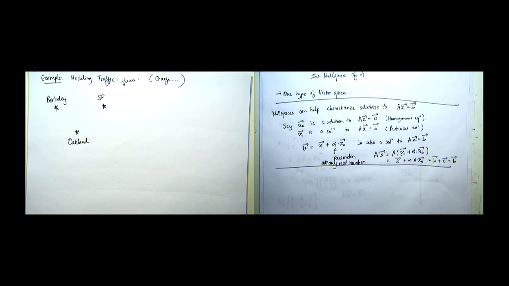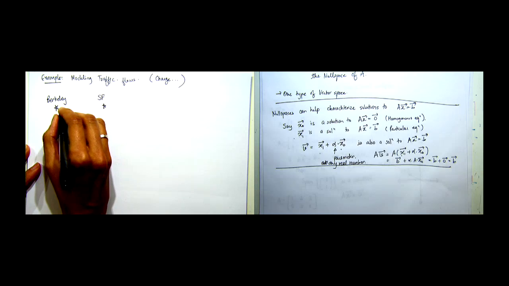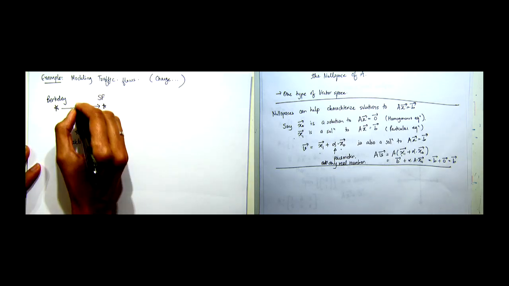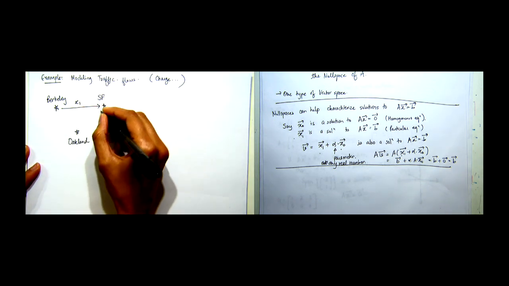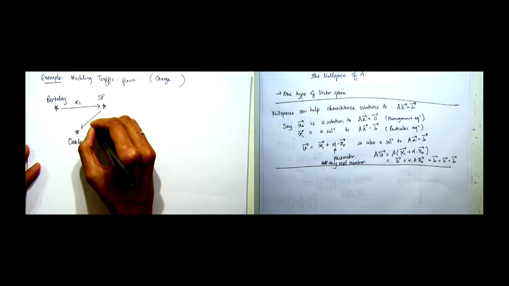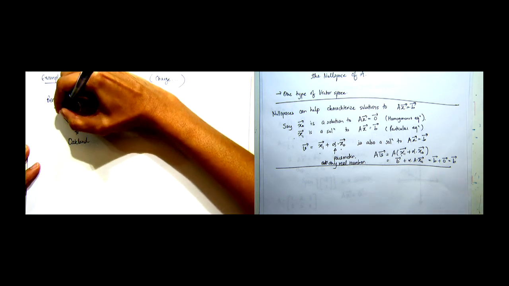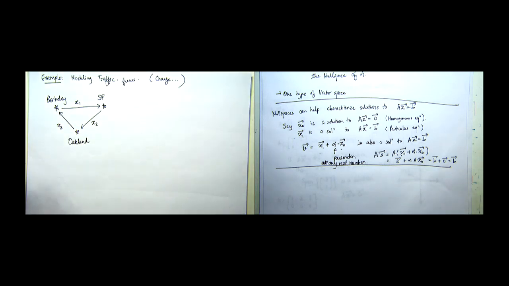So let's say there's only certain roads connected. You can go from Berkeley to San Francisco, and let's say there's X1 cars on this path. You can go from San Francisco to Oakland. There's X2 cars on this path. And you can go from Oakland to Berkeley, and there's X3 cars on this path.